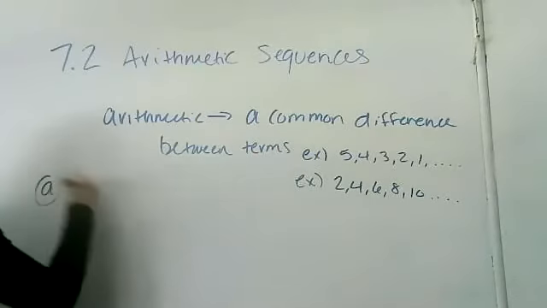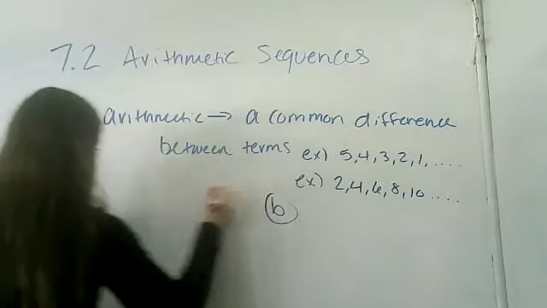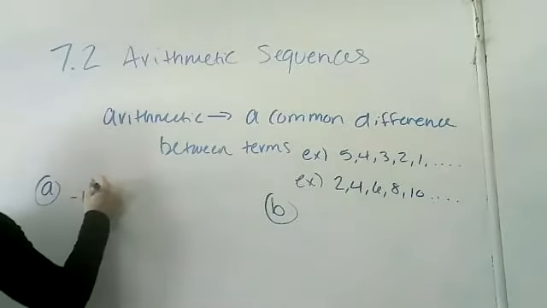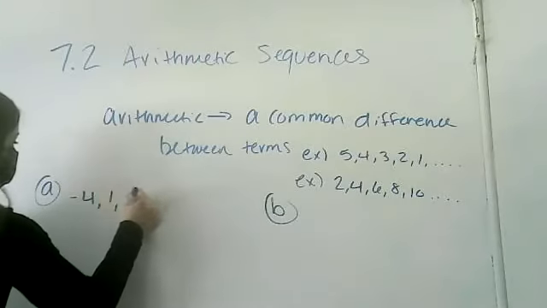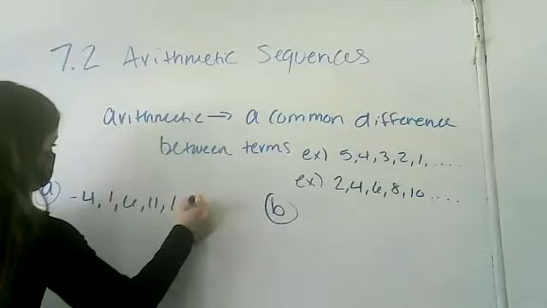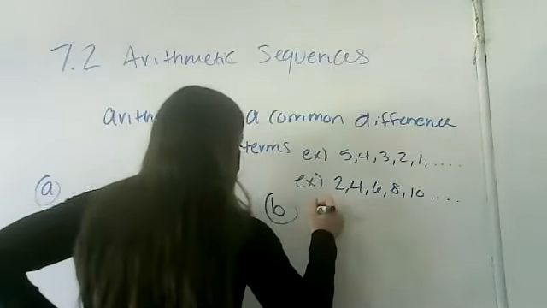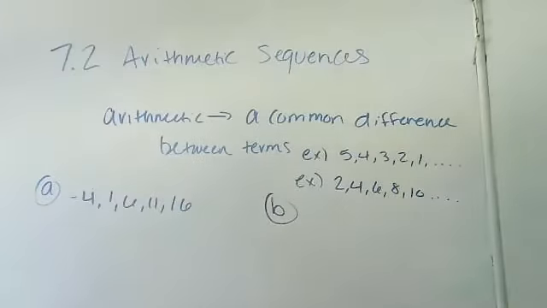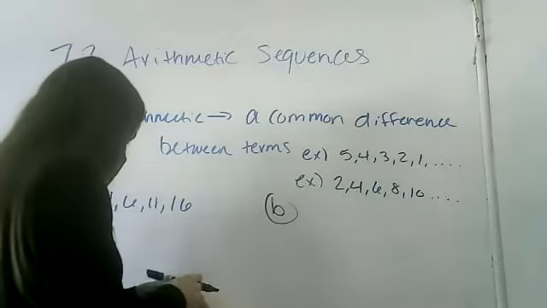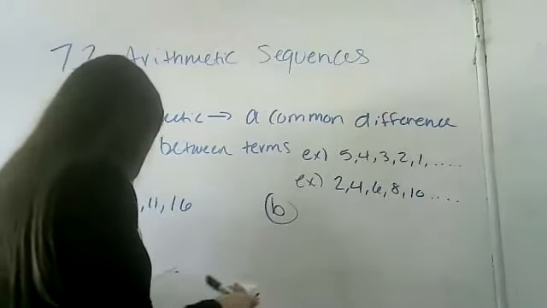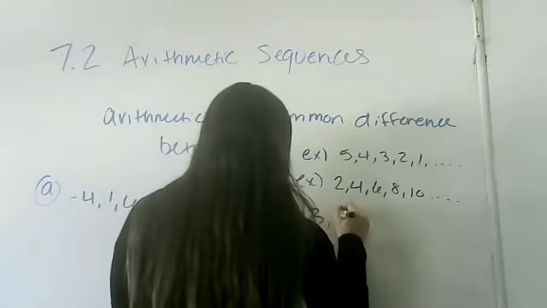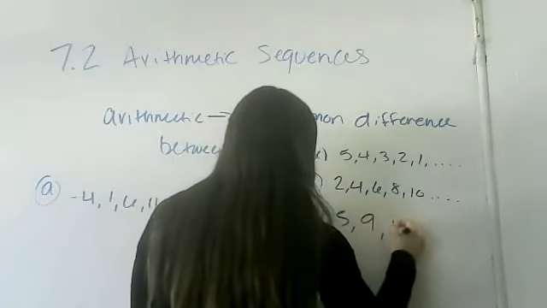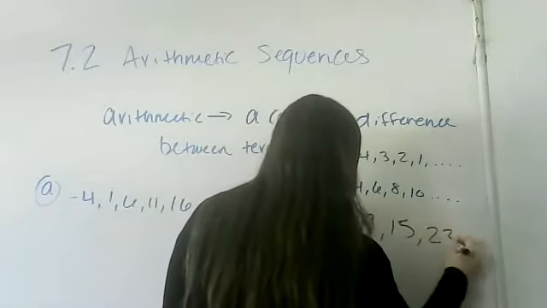So what about the next 2? I want you to calculate these on your own. So -4, 1, 6, 11, 16, and the other one, 3, 5, 9, 15, 23.